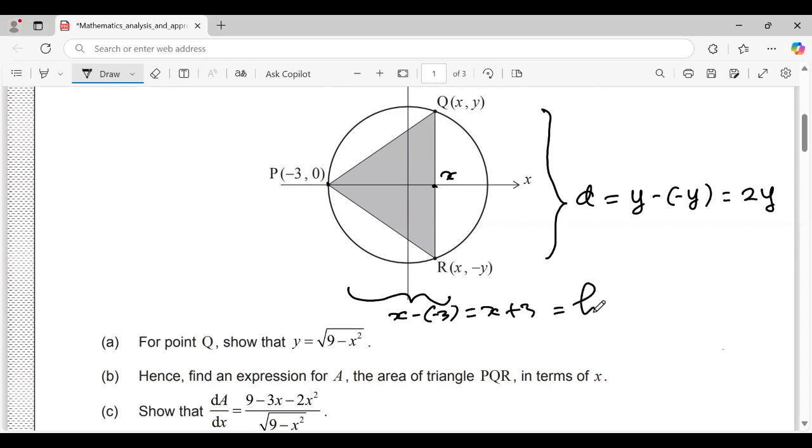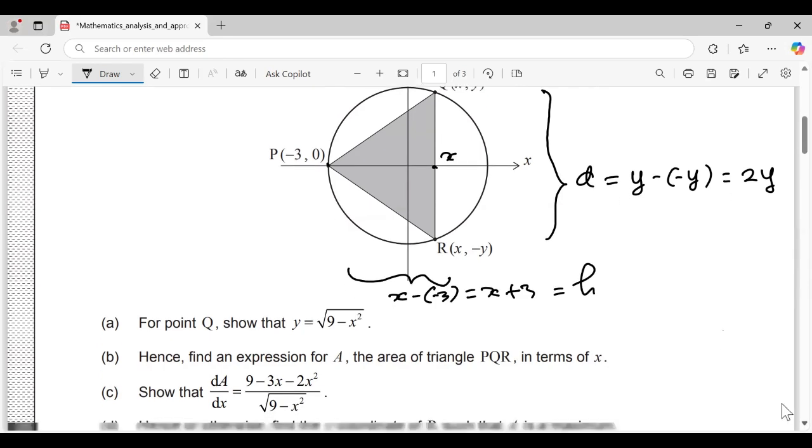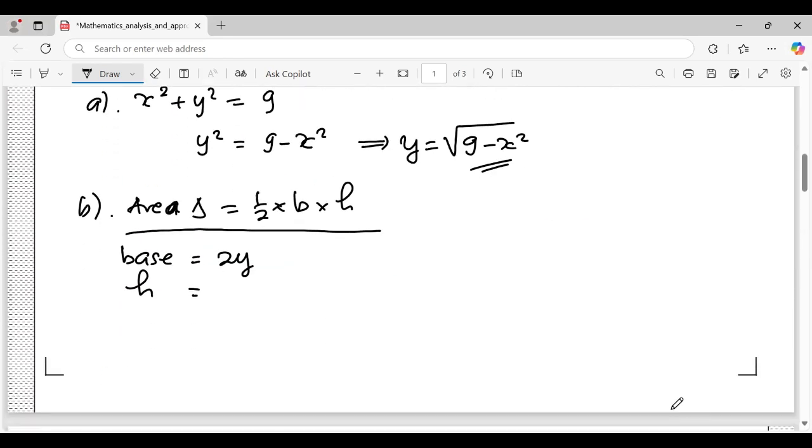So this is the height. The height is x plus 3. For base, I would like to substitute y into this equation, it becomes 2 times square root 9 minus x squared. So this is base, this is height.